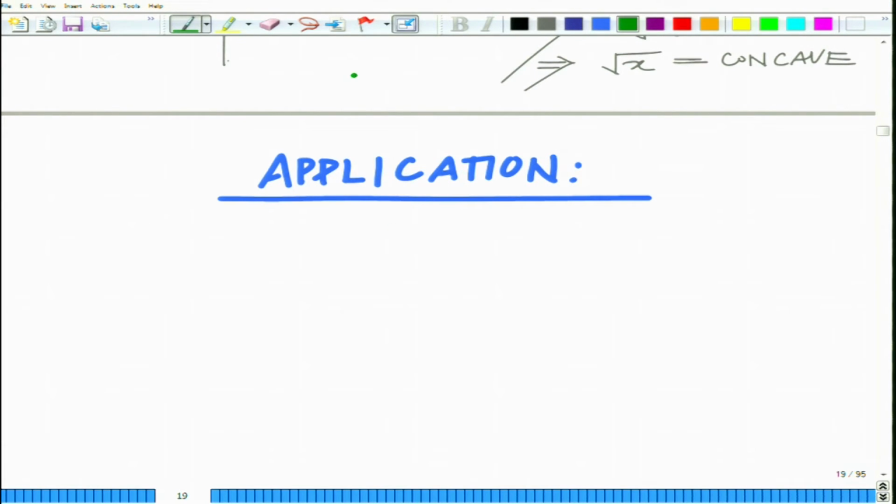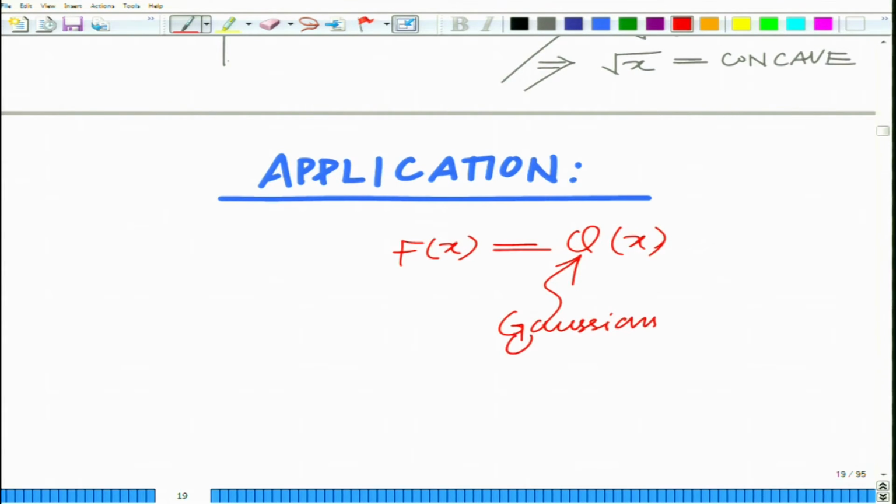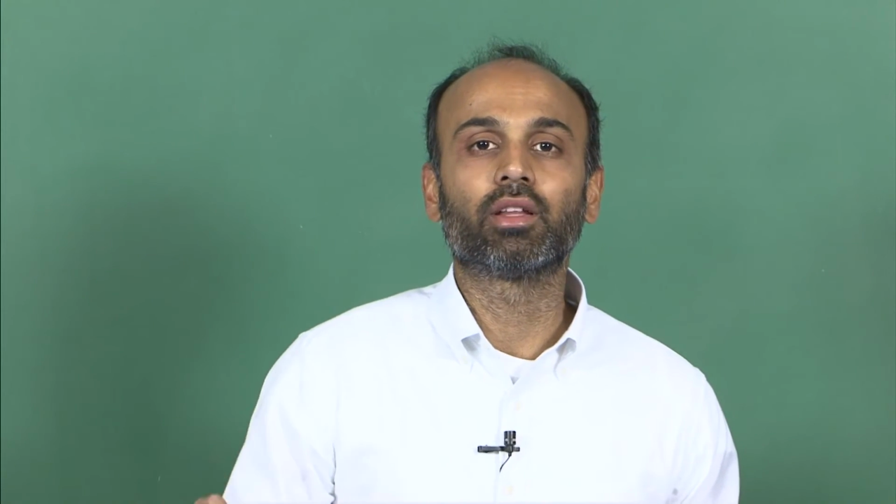Let us look at f of x equals Q of x, where Q of x is the Gaussian Q function. Okay. The Gaussian Q function, remember, this is the CCDF, complementary cumulative distribution function of the standard normal random variable. There is a Gaussian random variable with mean 0 and variance 1. This is also the tail probability of the standard Gaussian random variable.